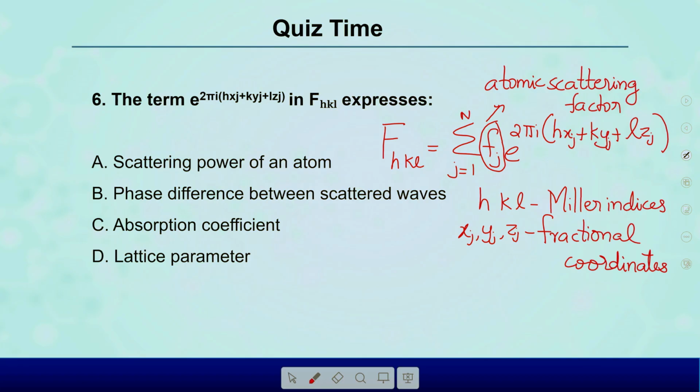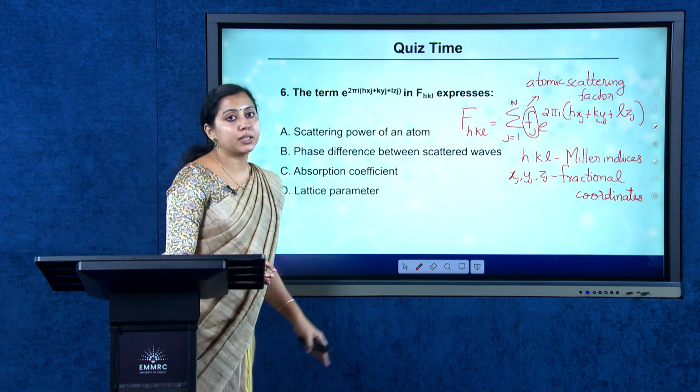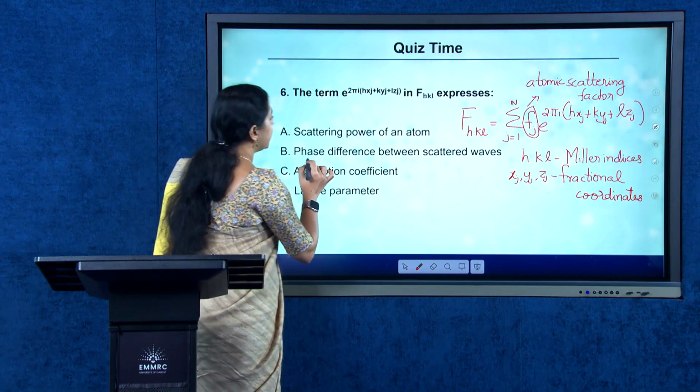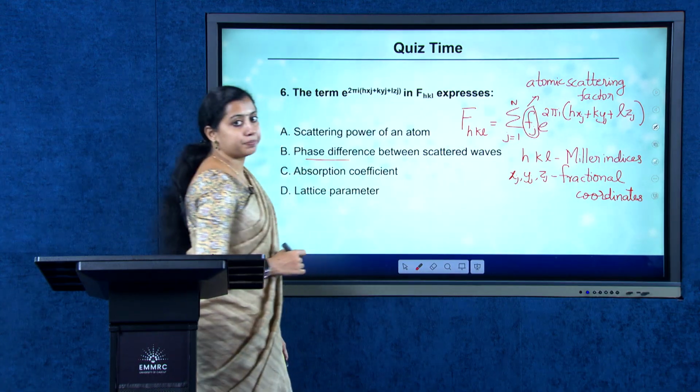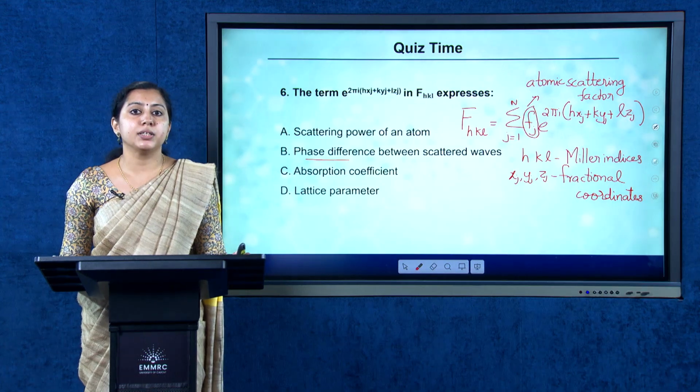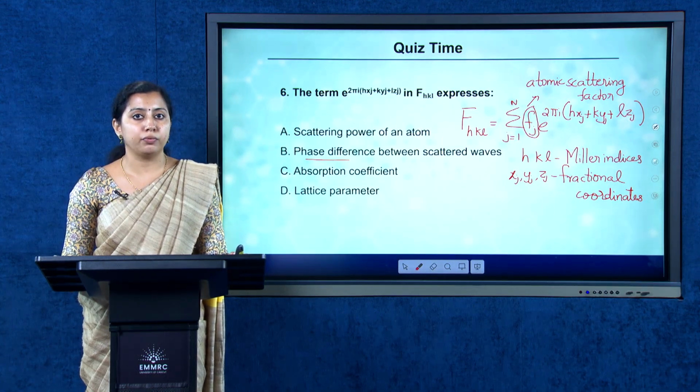So, that term, the exponential term e raised to 2 pi i (hxj + kyj + lzj), represents the phase difference between the scattered waves. Okay. So, the correct option is option B, phase difference between scattered waves.